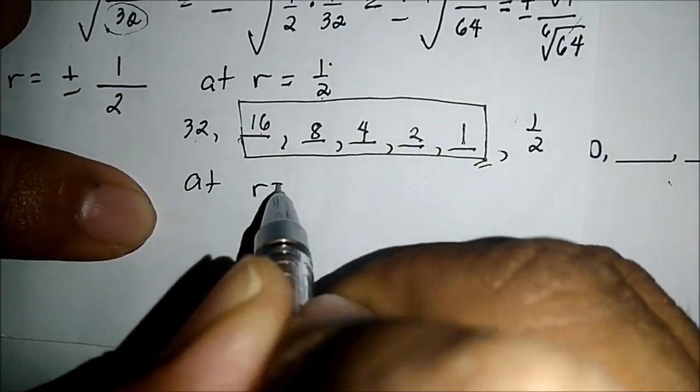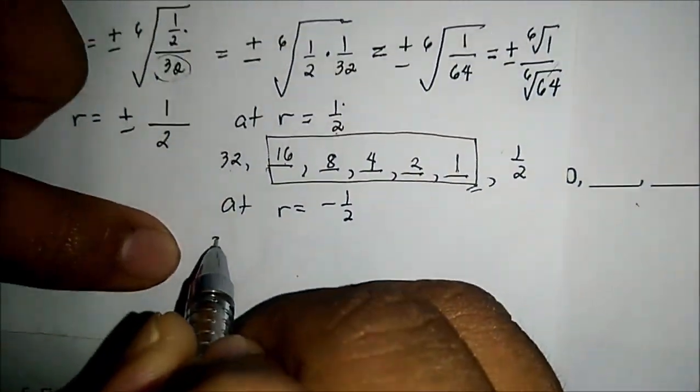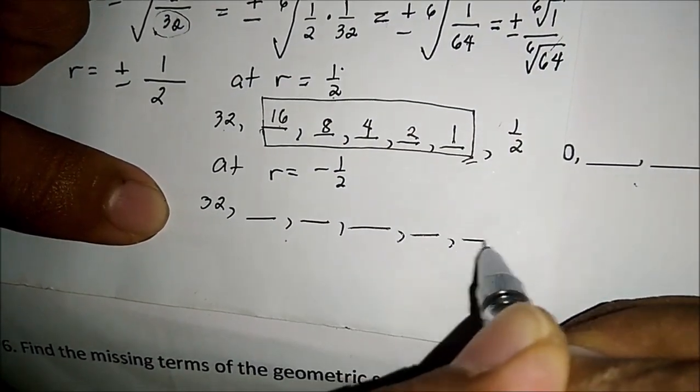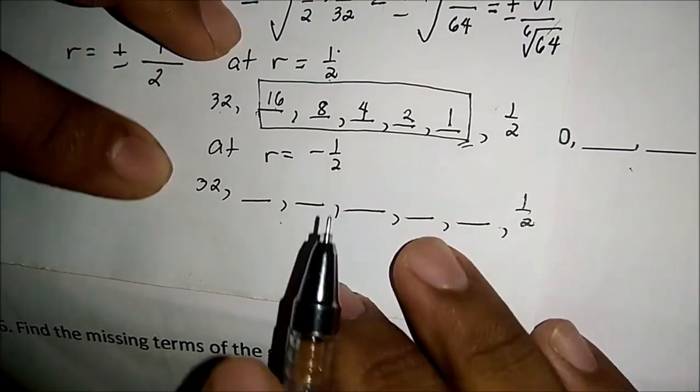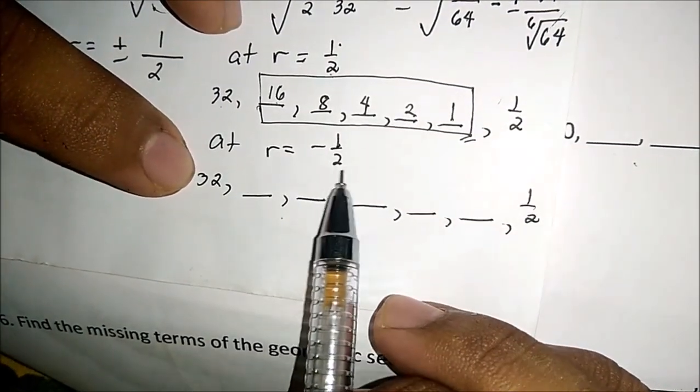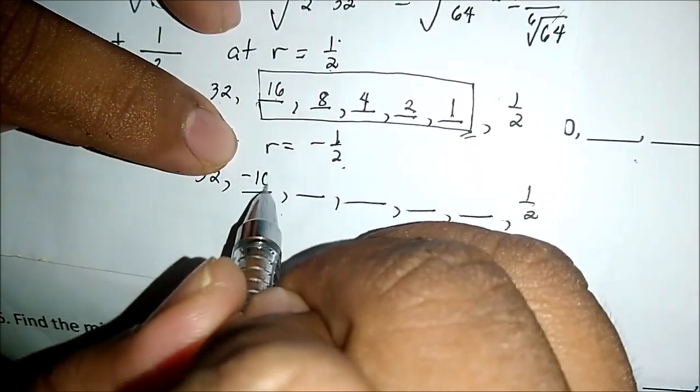Now on the other hand, if the ratio is negative 1/2, so let's find the terms. So we have 1, 2, 3, 4, 5, then 1/2. So 32 times negative 1 is negative 32 divided by 2, negative 16.